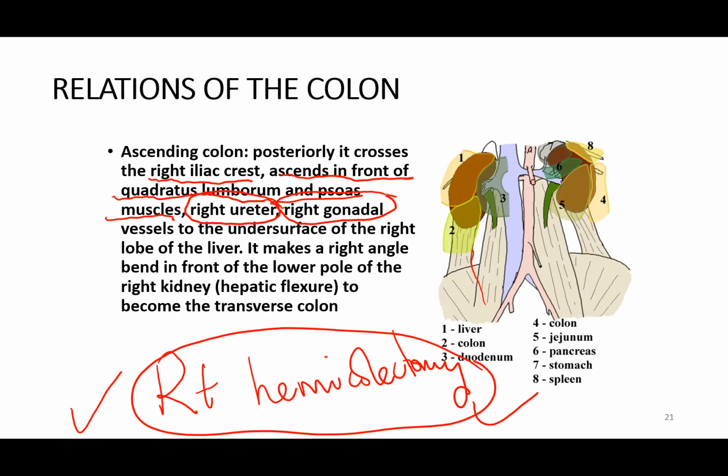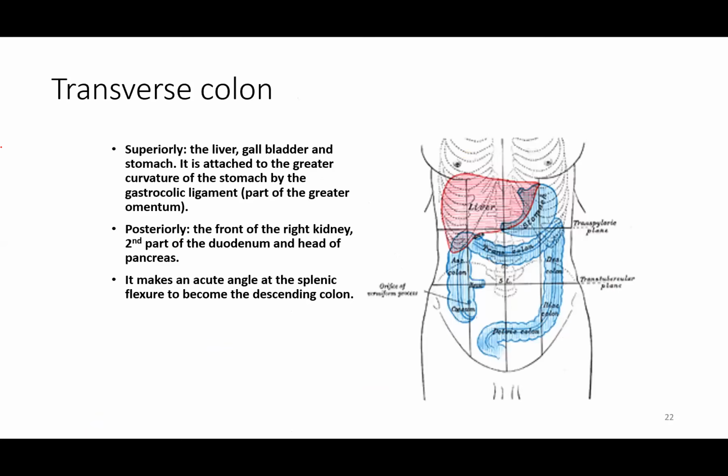And at that hepatic flexure, posteromedially, don't forget, the second part of the duodenum is there. So don't forget these three structures. If they are to ask you any question regarding the posterior relation of this colon, these are the three structures that you will be asked: the ureter, the gonadal vessels, as well as the duodenum. So I told you all these stories so that you don't forget.